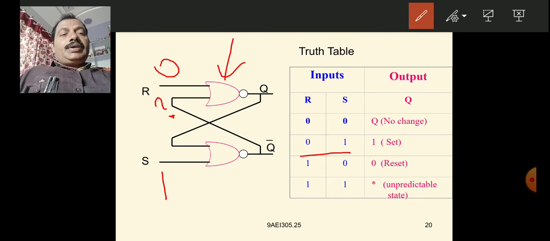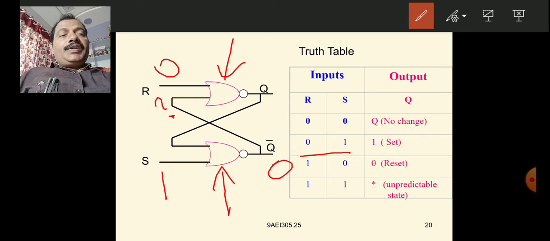But in the bottom NOR gate, you can easily tell the output. Why? Because one of the inputs is 1. Whenever one of the inputs is 1, 1 plus anything is 1 only. 1 bar is 0. That means this NOR gate output is 0.